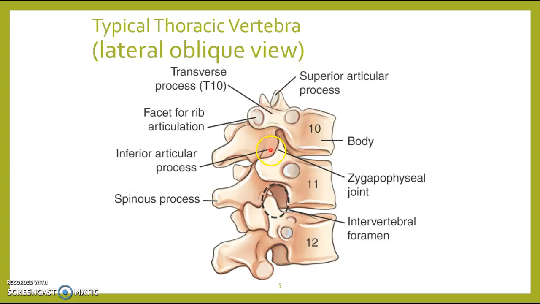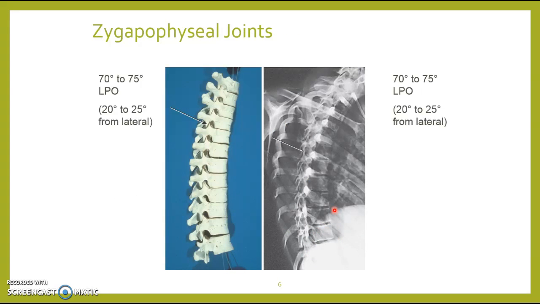So this inferior process of the superior vertebra, number 10 here, with the articulation to the superior articular process of T11, the articulation point creates the zygapophyseal joint. We also have the intervertebral foramen as well as the intervertebral disc spaces to note.